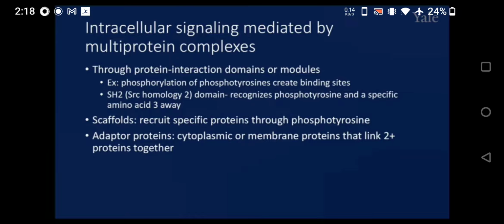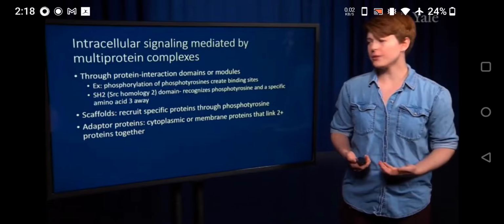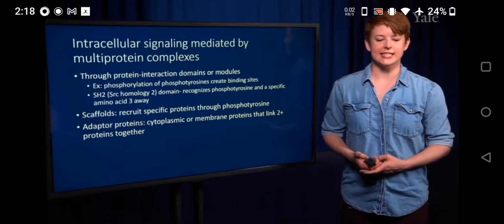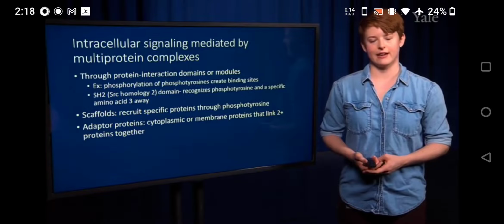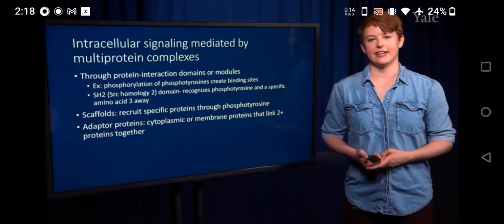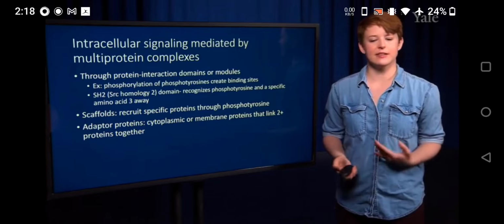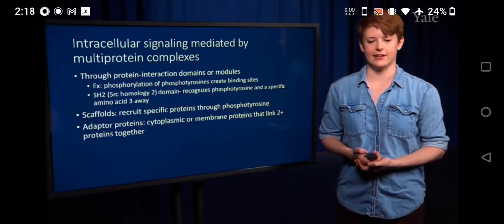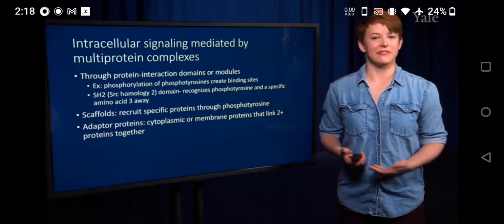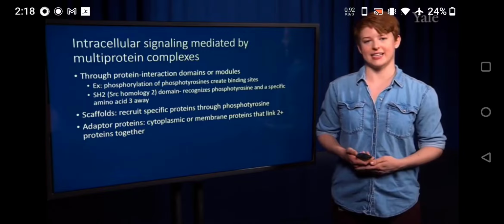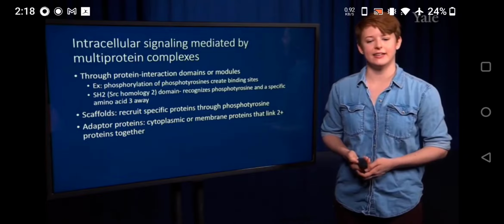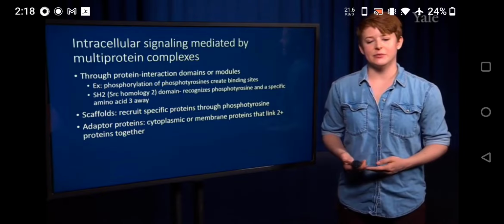One really important domain is this SH2 domain, or Src homology 2 domain. This is a particular amino acid sequence, only about 100 amino acids long, where a phosphate can be added. So the kinase will recognize this specific amino acid signal and will add a phosphate to this domain.